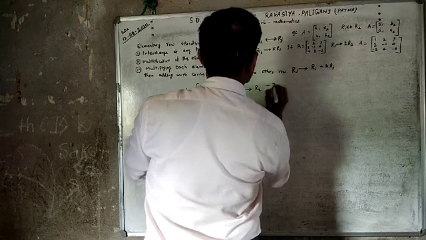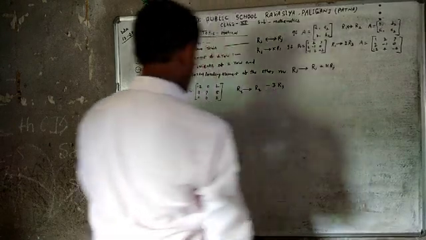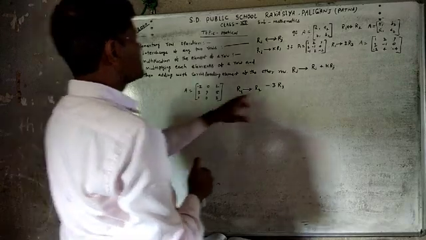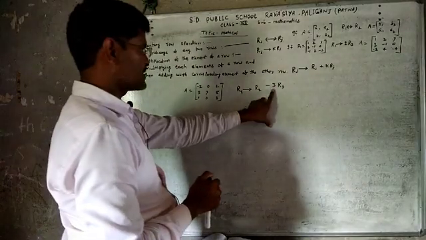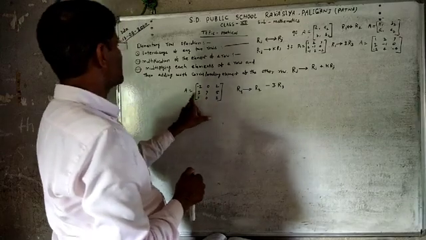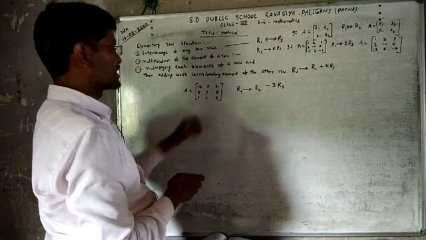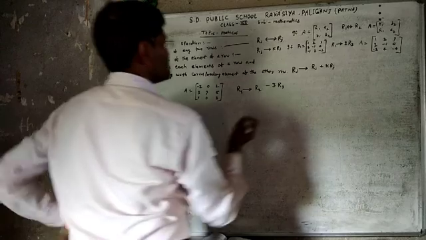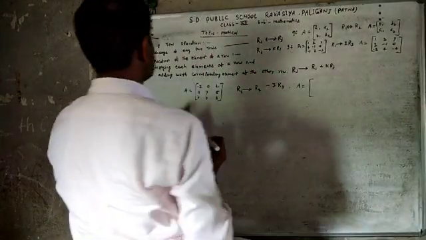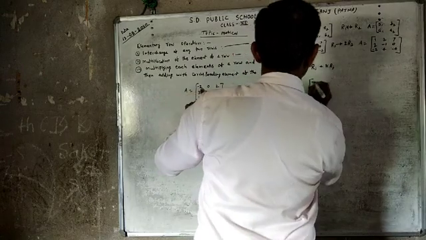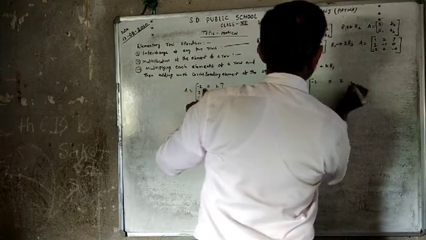R2 minus 3R3. It means we multiply every element of R3 by 3 and then subtract it from the second row R2. Then the matrix A becomes -2, 0, and 2.